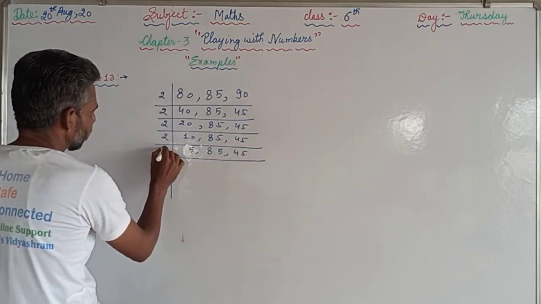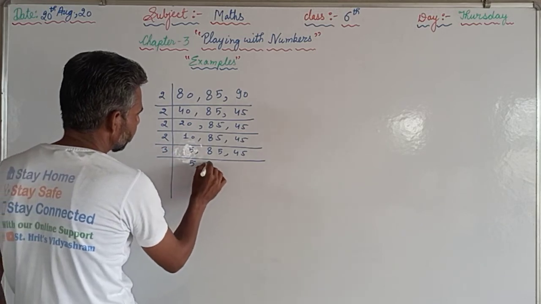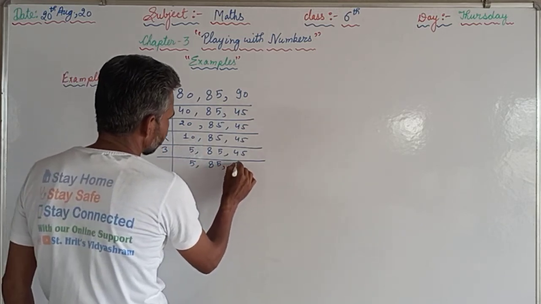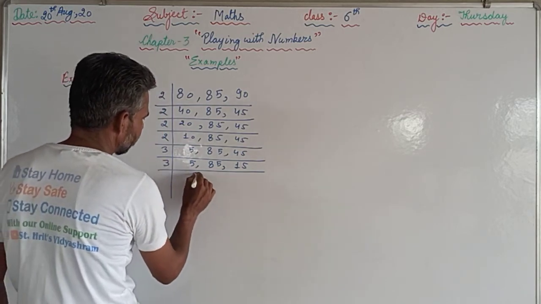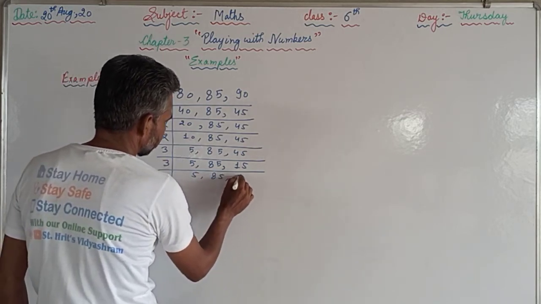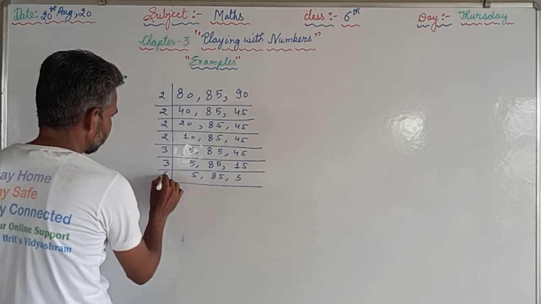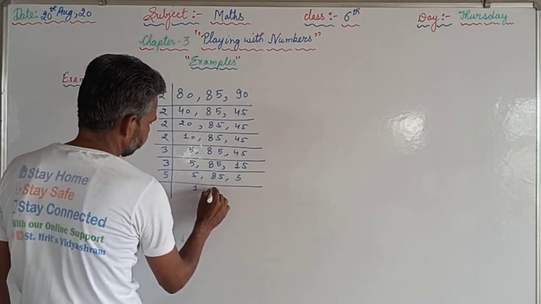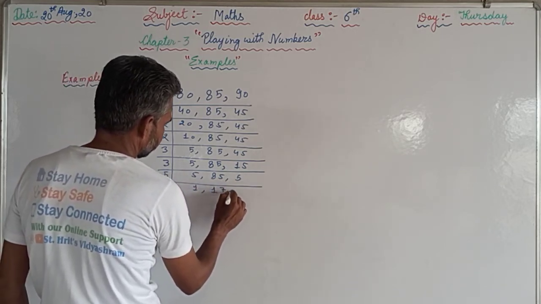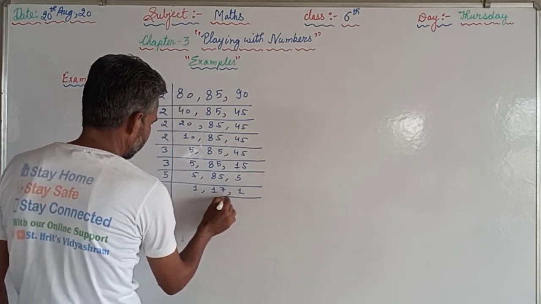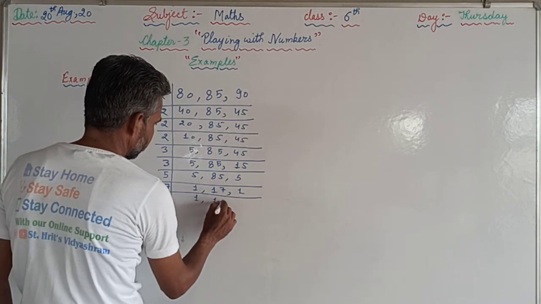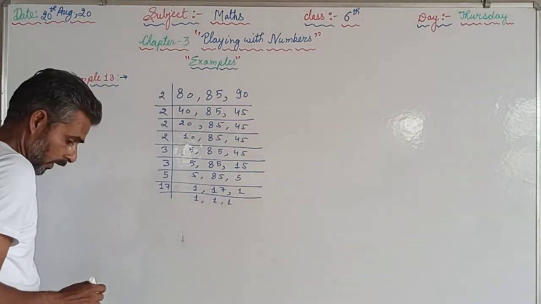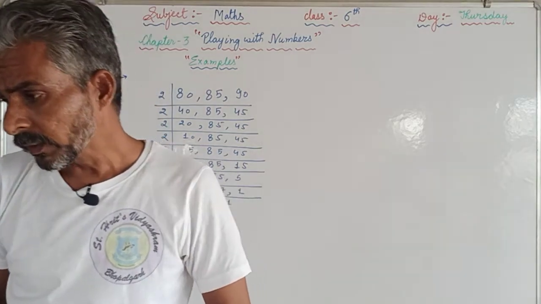Now we will try 3: 5 cannot be divided, 85 cannot be divided, but 45 can be divided. Again 3, then again 5, then now by 17.